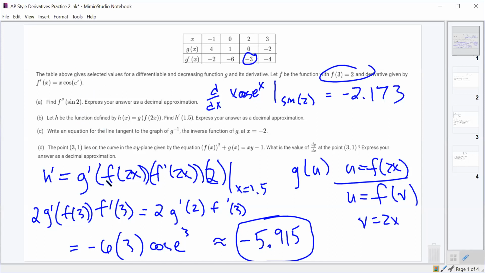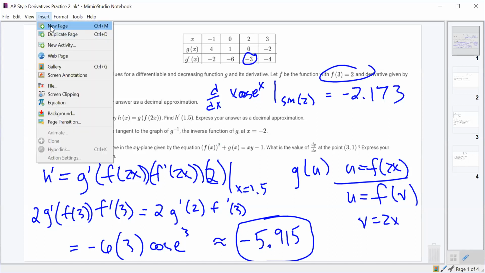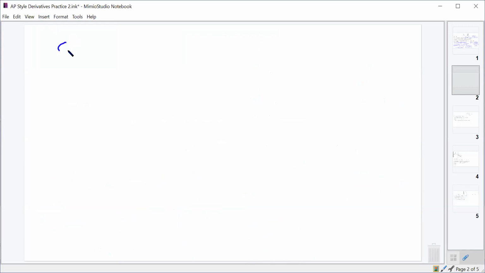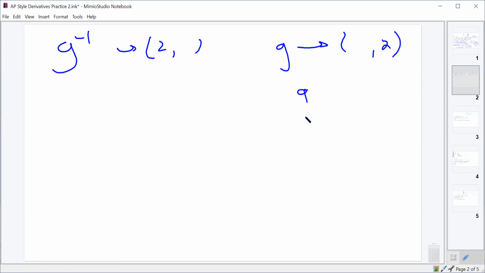So for part C, we're now talking about inverse functions. And we're looking at g inverse at a point where x is 2, which what does that tell us about g? G should have a point where the y value is 2. And how do we figure out when g of x equals 2?